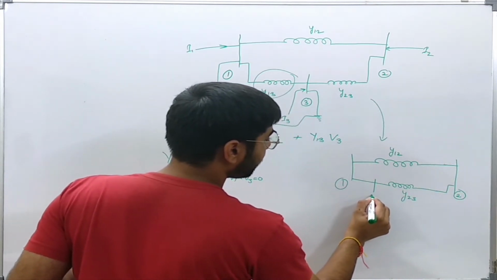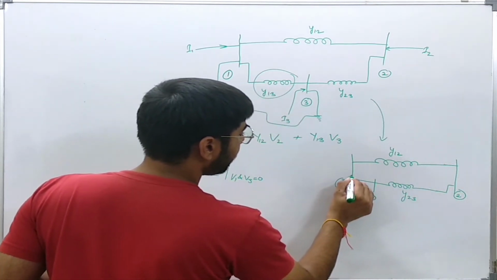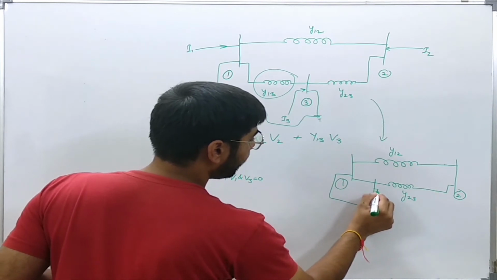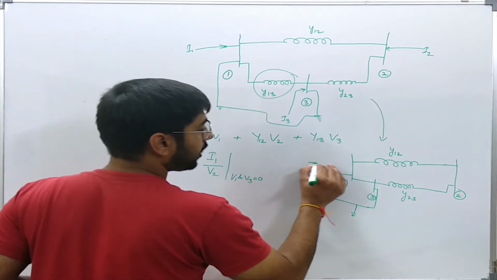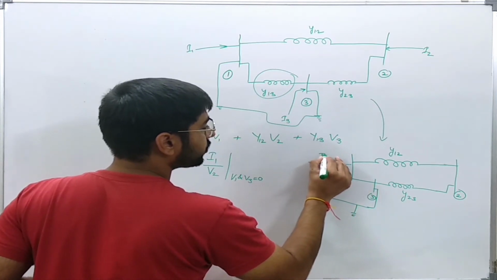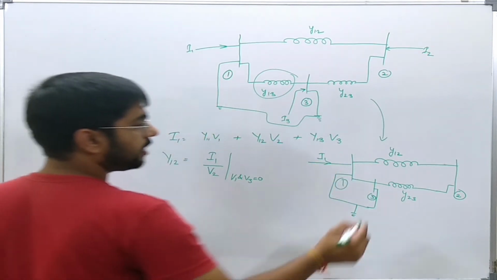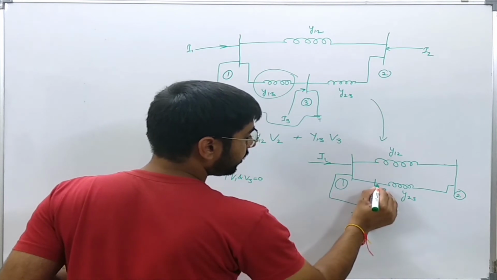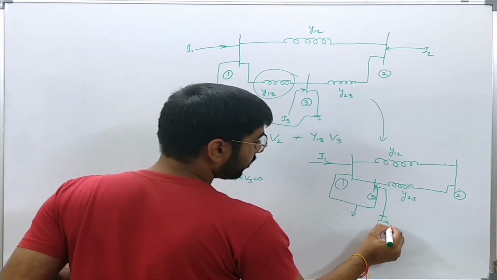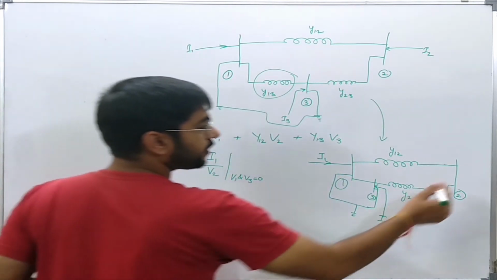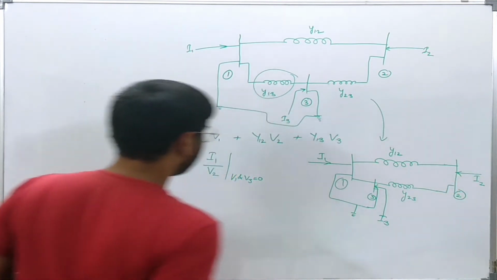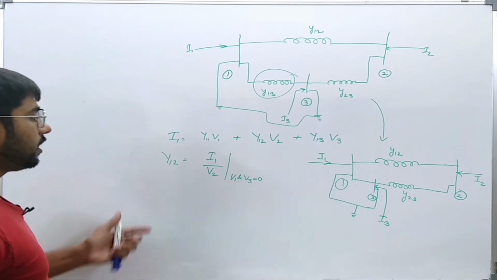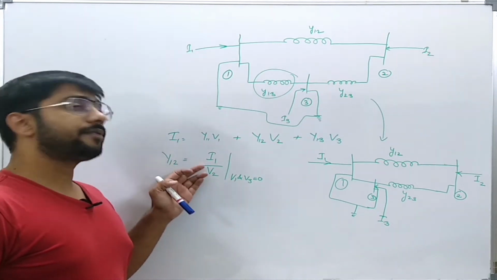And here is somewhere bus number 3, and these two are already grounded. Here a current I1 from source is entering at node 1, and here current I3 is entering at node 3, and here the source current is I2. Now I have to find this ratio I1 over V2.